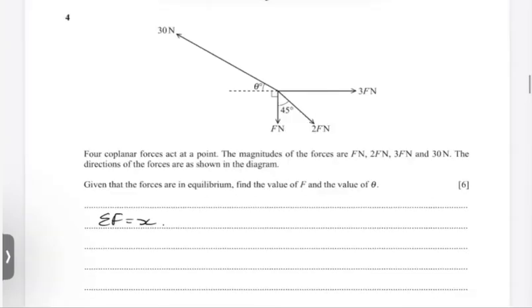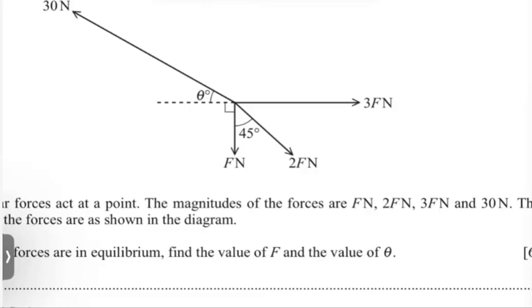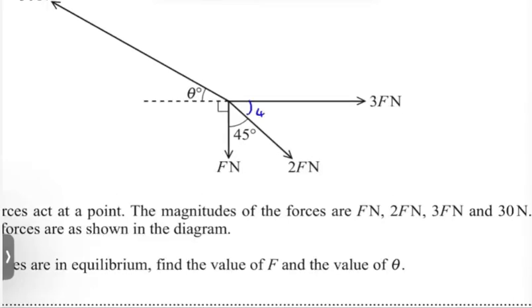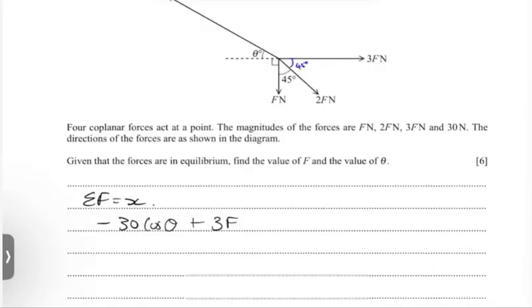So in my x direction, I've got my component of my 30. I've got my 3F going in the positive x direction. Here, if that is 45, that's also going to be 45 degrees. So I've got 2F cos of 45. It doesn't matter whether it's cos or sine of 45 because they are actually the same thing.